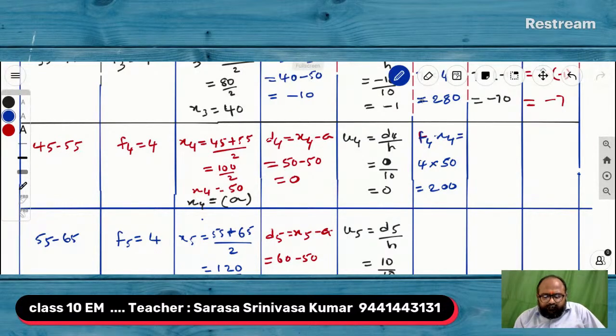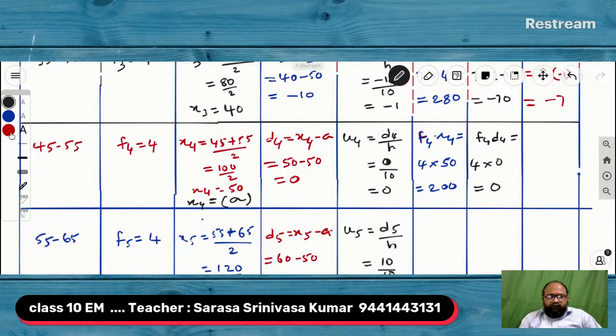Now F4 D4 equal to F4 is 4 and D4 is 0. This is equal to 0.